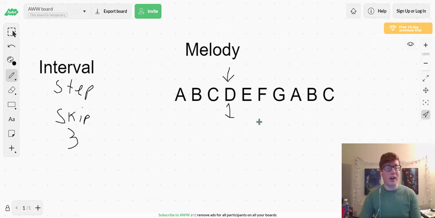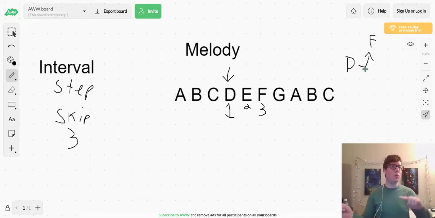That's super important, and I cannot stress that enough for you. So the note D is number 1. We want to count up to the number 3, so let's keep on going. D is 1, E is 2, and F is going to be 3. So the note D going up to the note F would be a third.